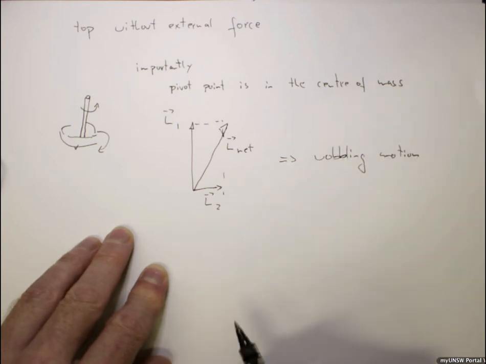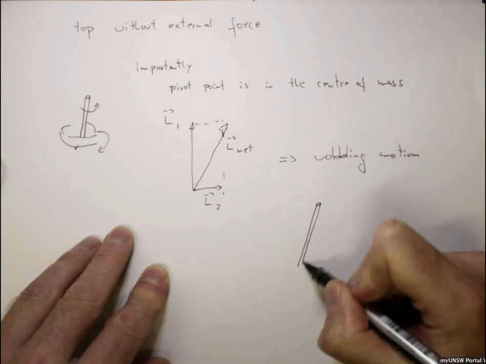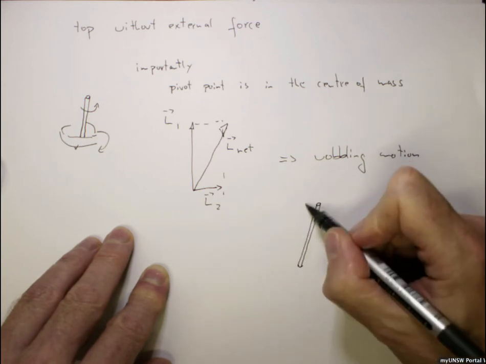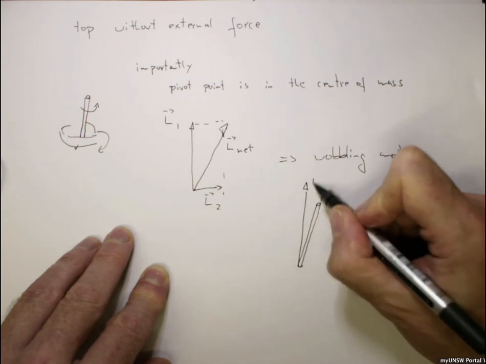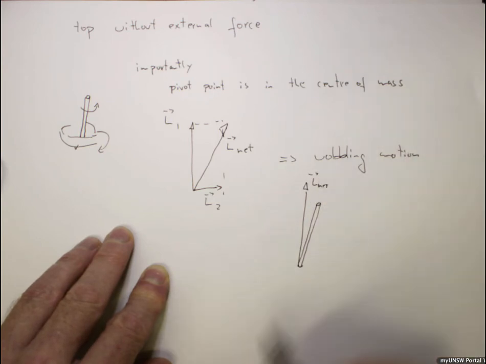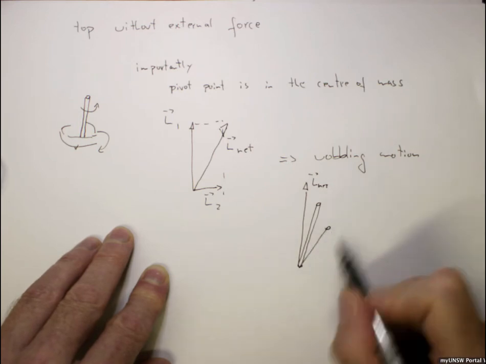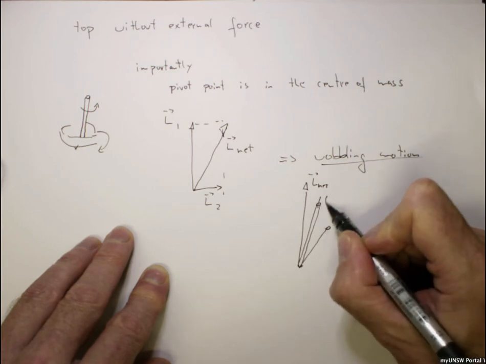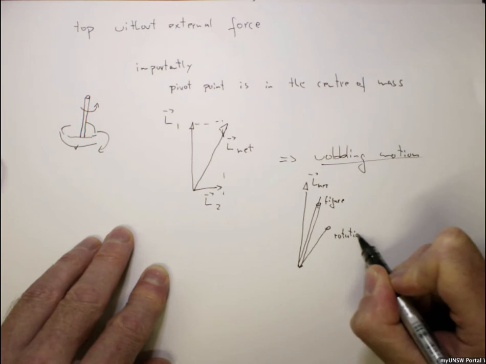And one can observe three axes: the figure axis, which is the symmetry axis of the top itself, the angular momentum axis, the L net angular momentum axis, which of course is constant, and the rotation axis about which the wobbling motion occurs. So we have figure and rotation axis.